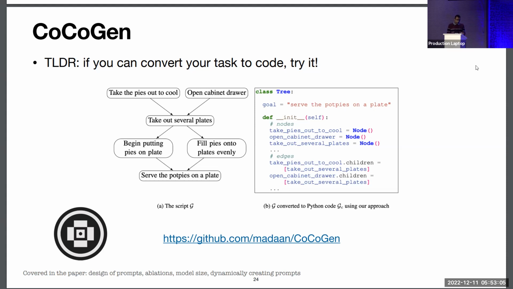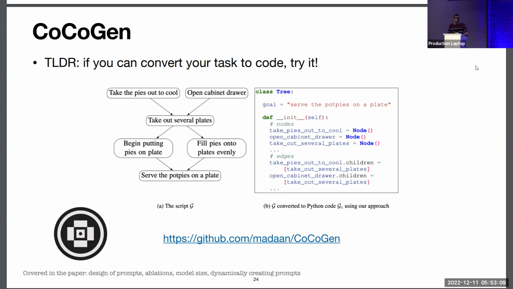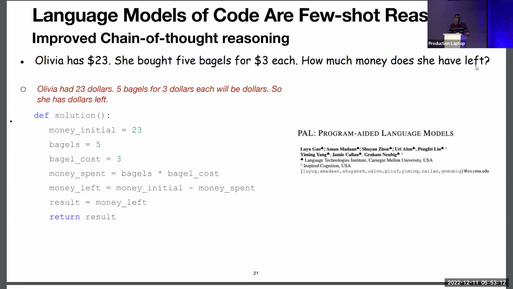Absolutely. Not for the CoCoGen work that I showed today, but for the follow-up reasoning work where we actually pass this program to a runtime, we saw cases where the generated programs have, say, infinite loops or divide by zero errors. So definitely, I don't think we should just run these programs as is. I think they should be sandboxed.